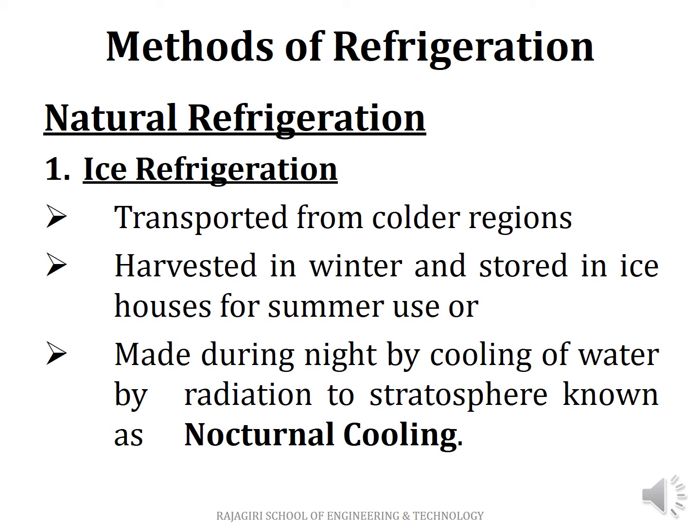The last method for producing ice is nocturnal cooling. The principle of nocturnal cooling is nothing but just leaving a shallow pool of water in the night sky. We know that the stratosphere is basically at a temperature of minus 55 degrees Celsius.